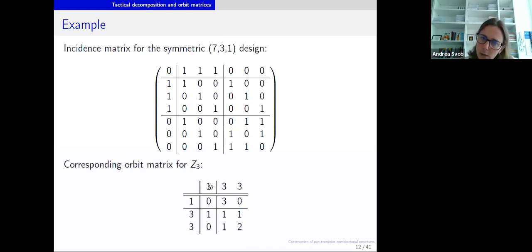If we write the lengths of the orbits, this is 1, 3, 3 and 1, 3, 3. It means that we have 3 orbits on points and 3 orbits on blocks. One is of size 1 and we have 2 of size 3. The same goes for the blocks. Then this 3 times 3 matrix is called an orbit matrix.